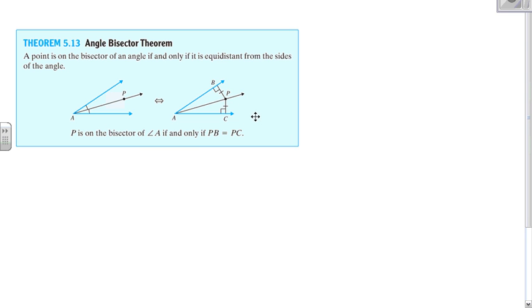If you think about this theorem a little bit, it's an angle bisector, so the angles are congruent. We measure distance with the right angle.